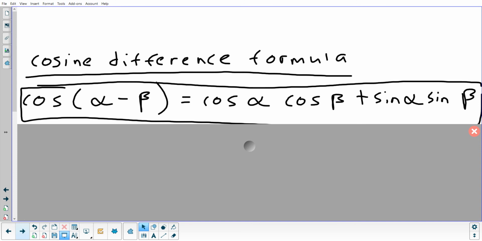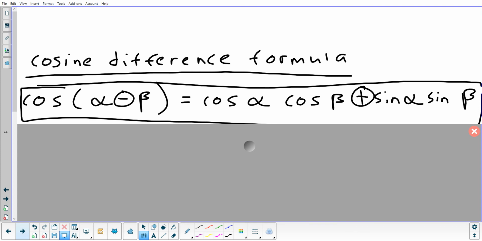A couple of patterns you can notice here. In this particular formula, the cosine functions are grouped and the sine functions are grouped. What do I mean by grouped? I mean they're together. The cosines are in the left part, the sines are grouped on the right part. Whatever symbol you put here, it's the opposite here for this formula.